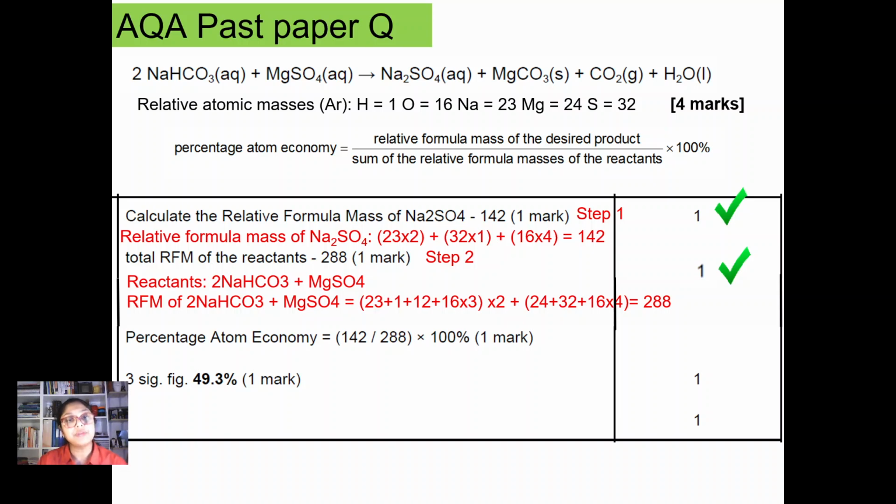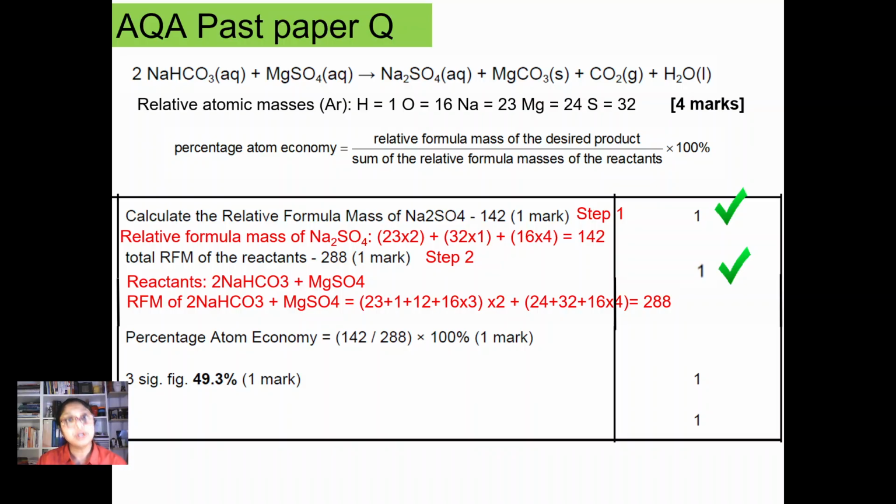First, we find the RFM, relative formula mass, of NaHCO3. That means 1 sodium, 1 hydrogen, 1 carbon and 3 oxygen atoms in there. So 23 plus 1 plus 12 plus 16 times 3 because of 3 oxygen atoms. You add all of those up and times 2 because there is a 2 in front of NaHCO3. Plus adding up the RFM of magnesium sulfate, which means there is 1 magnesium, 1 sulfur, 4 oxygen atoms.